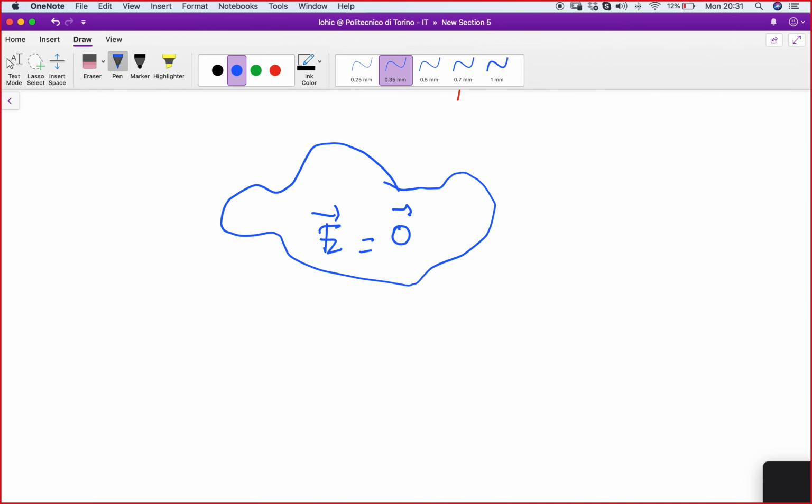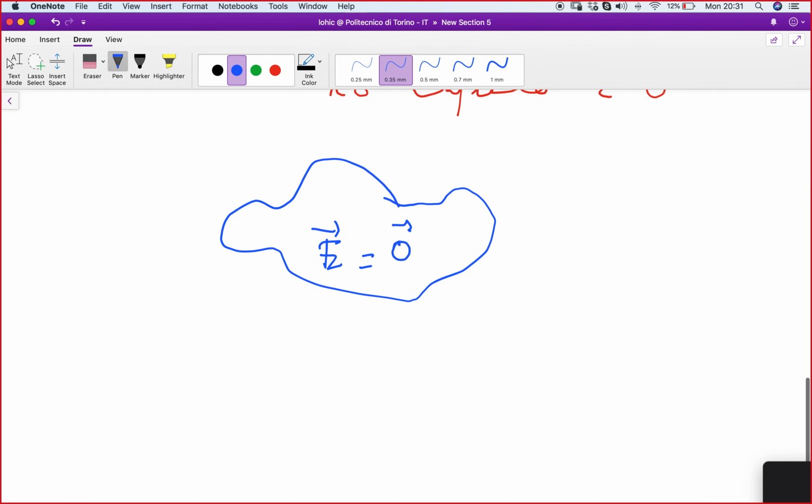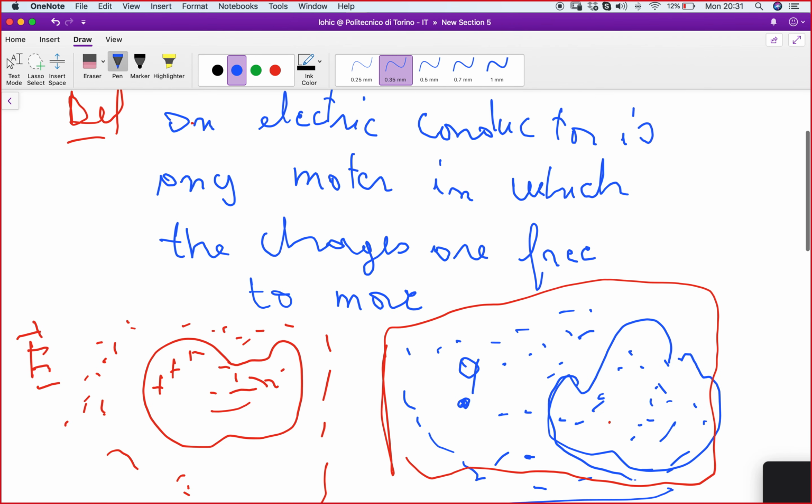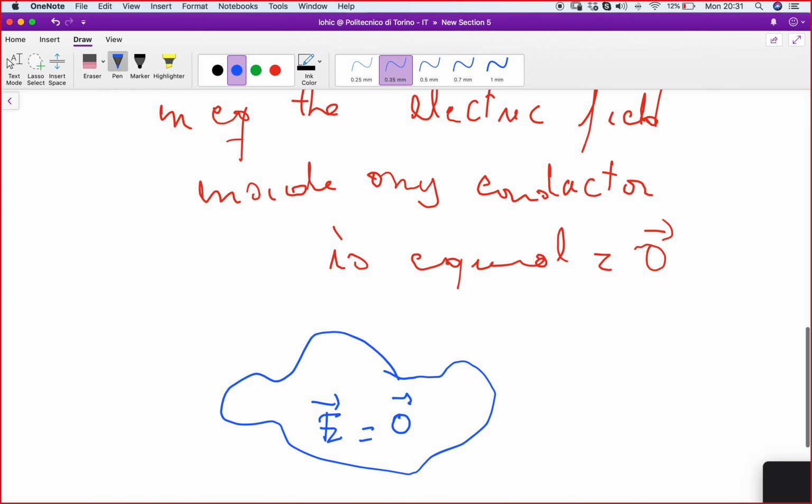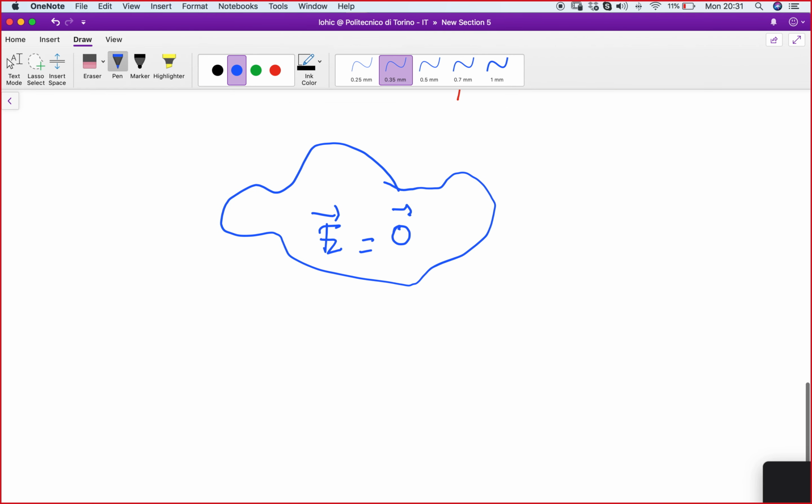The question is the following. I said at the beginning that the conductor is any matter in which the charge is free to move. The charges are free to move if there is a field accelerating them. Is that clear? But if there is no field accelerating the charge, they will not move.